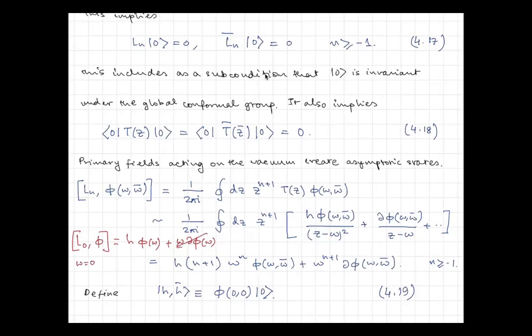So now what you see is, if you were to define this h in the way that I have h bar as phi 0 acting on the ground state, then you see that L0 h bar is just h of h bar. Okay, is this reasonably clear?